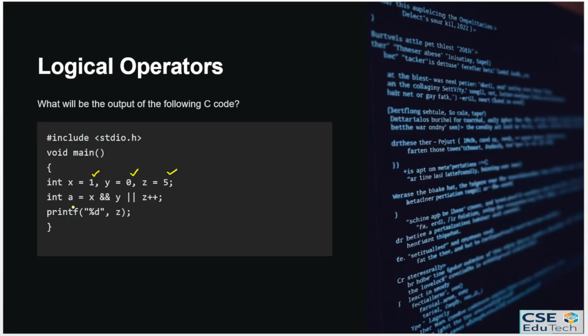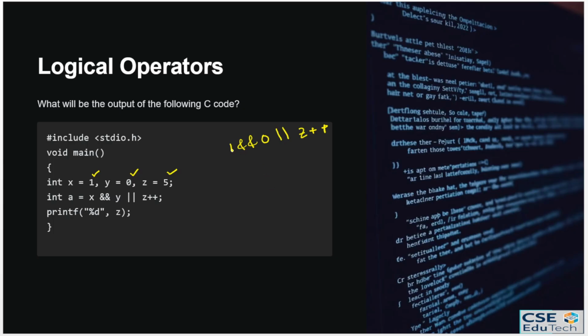Now a equals x AND y, OR z plus plus. Here x is 1, logical AND y equal to 0, followed by OR then z plus plus.